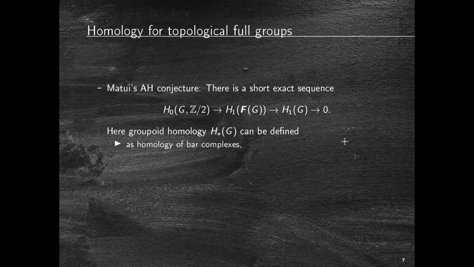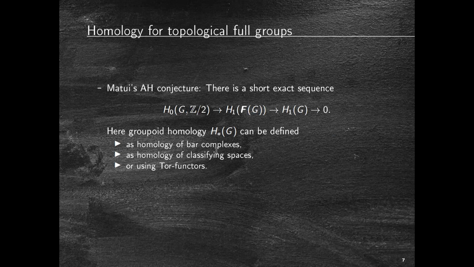You can construct it very concretely by writing down a certain chain complex called the bar complex and computing homology of that. You can understand it topologically by looking at classifying spaces and computing homology of those. Or you could also use homological algebra and Tor functors to understand groupoid homology. So all these are analogous to group homology. So that's one thing I wanted to mention.